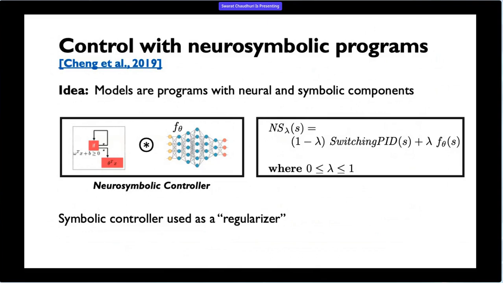So it turns out that in order to learn, you need a very large number of samples, which is often difficult in real world settings, for example, in this kind of application. So this linear combination idea, if you have to phrase this in the terms of machine learning, is really the use of a symbolic program as a regularizer.